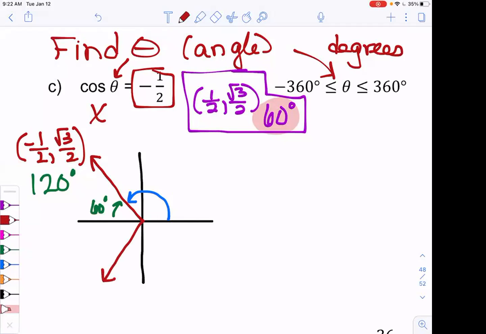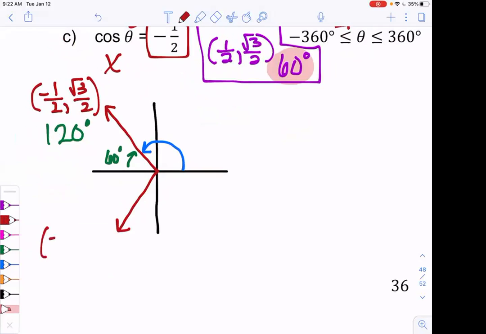In the third quadrant, x is still negative, but y is also negative. So cosine is -1/2 in the second quadrant. It's also -1/2 in the third quadrant. That same 60 degrees is going to take us to the angle in the third quadrant. So here's 180.